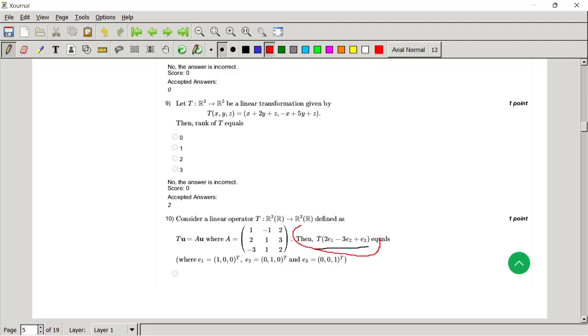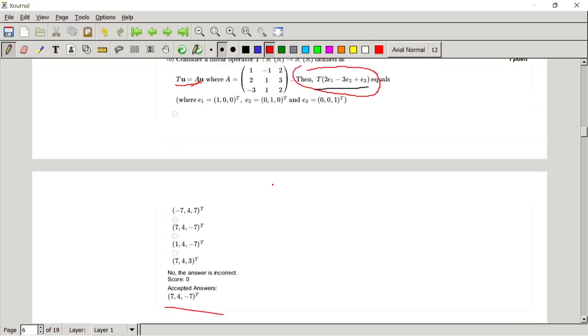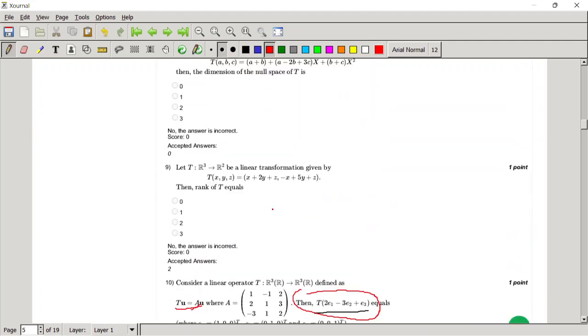We can write this as 2 times T of E1 minus 3 times T of E2 plus T of E3. So by the definition of T here, by doing simple additions and subtractions, one can get the answer. Here the answer is also given, one can see that easily.